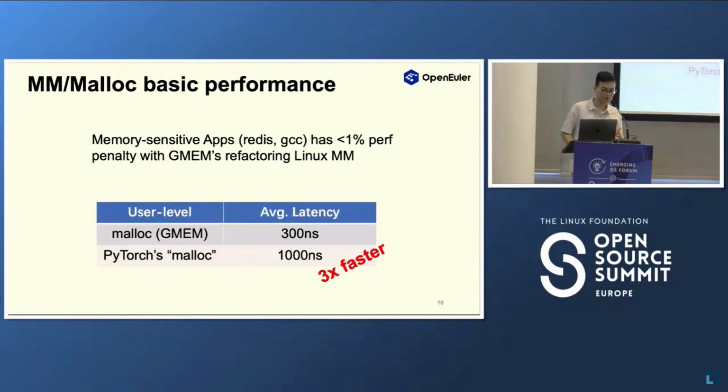We also put the malloc library on PyTorch running on GMEM, and with GPT-2, we ran a training of the large language model, and we found that the average latency of malloc is about 3 times faster.